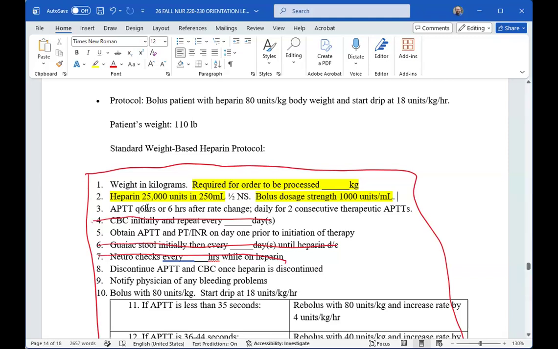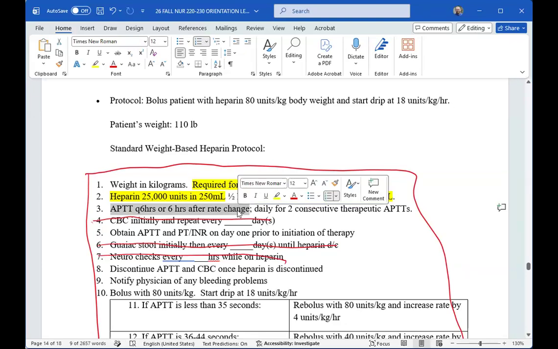You'll see when we get to part C that we might have to make some adjustments. I thought it was important that you know how to read the protocol, so that if adjustments need to be made, you would know what to do and how to use that information. So we'll go over that together.